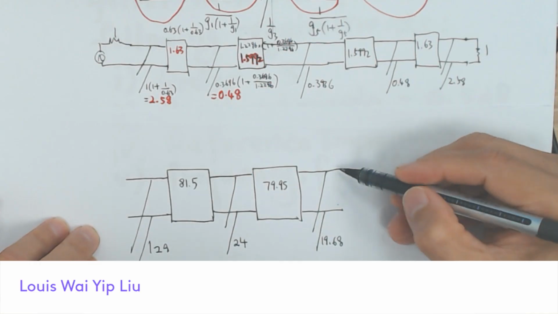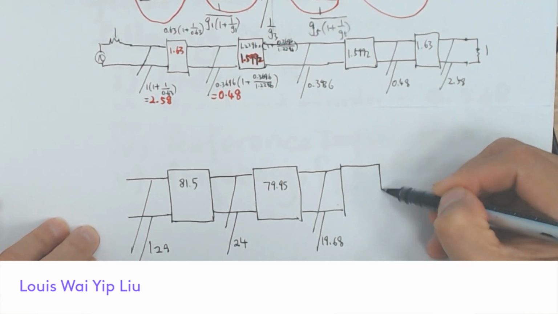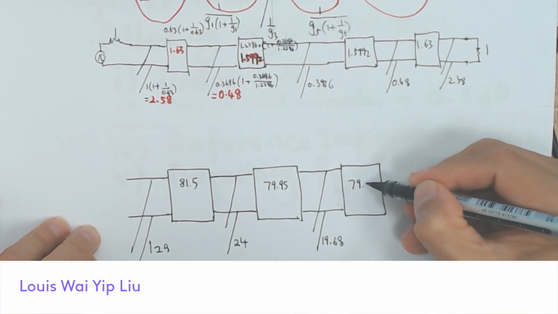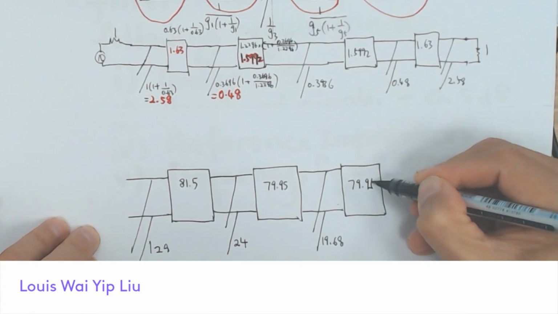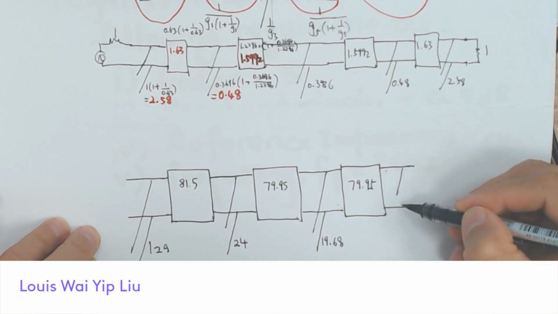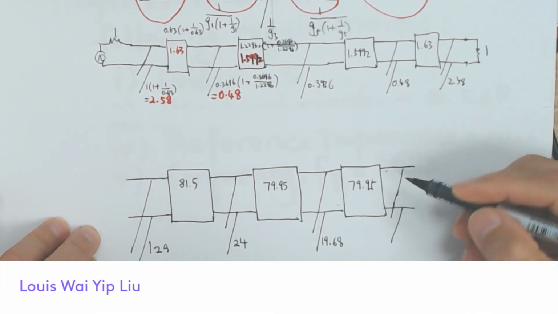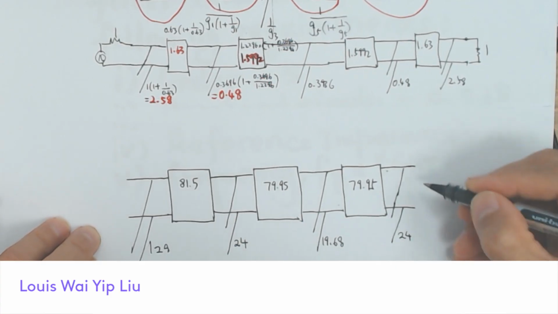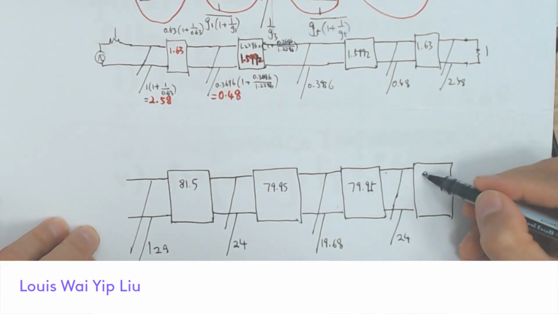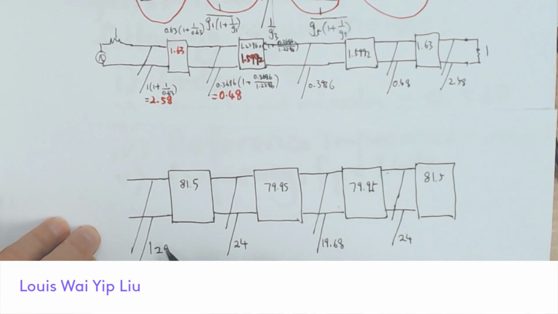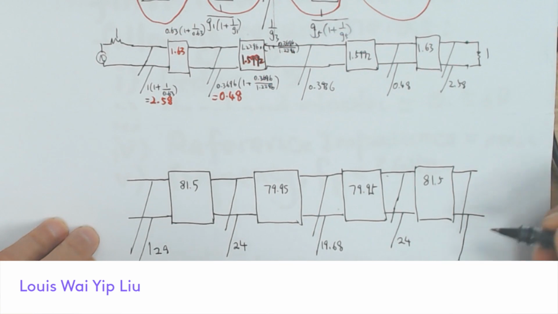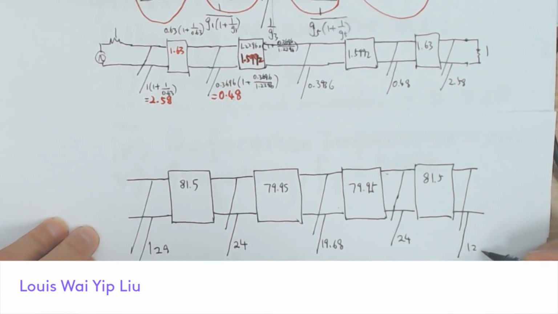Okay, so the rest is just a mirror copy of the values on the left. 24, 81.5, and this one will be 129.